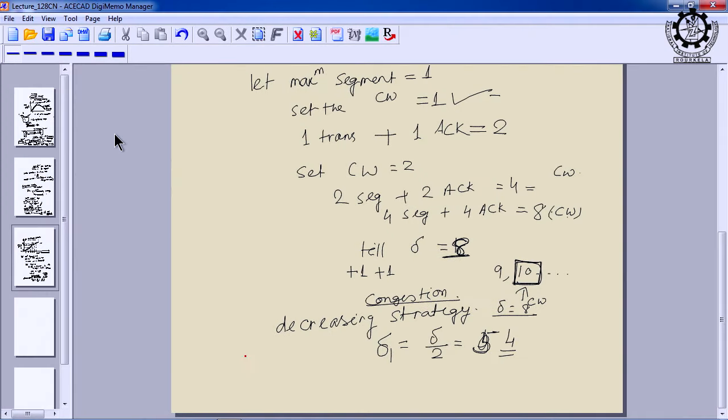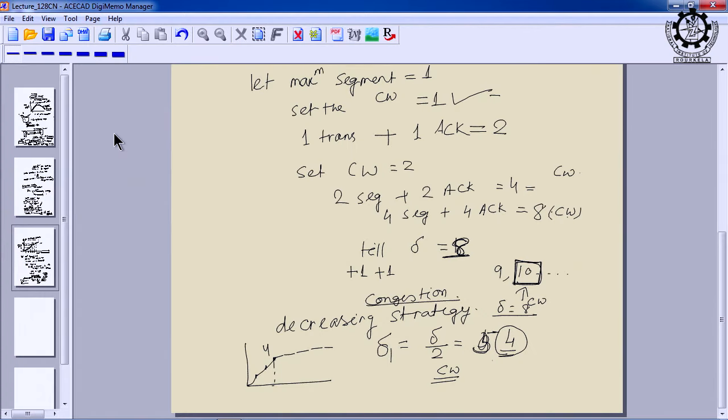So, now your congestion window graph will be something like this. For 1 it was 1, then it was 2, then it was 4. So, at 4 congestion window there will be a linear increase of the number of transmissions. This is how the designer decides what will be my congestion window size, whether I will keep it at 4, 5 or 8.